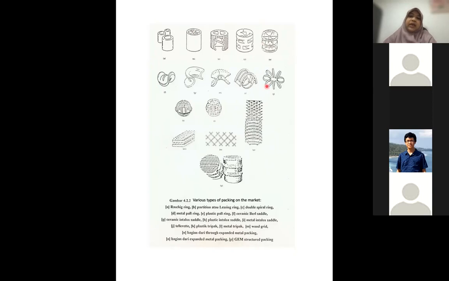The more sophisticated the packing, maybe the more efficient it can be, but sometimes it results in a higher pressure drop, okay. And high pressure drop means it should be compensated with maybe more pump power, or other things.